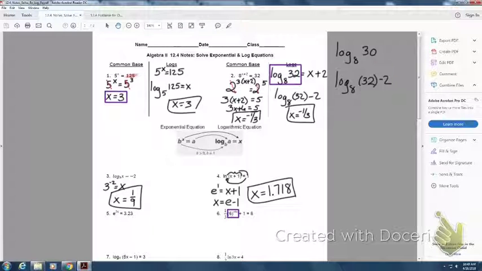So what's the first thing I need to do? Subtract 1. So that's going to give me 1/3 times 6 to the power of negative 4x equals 5. How do I get rid of 1/3? Multiply both sides by 3.